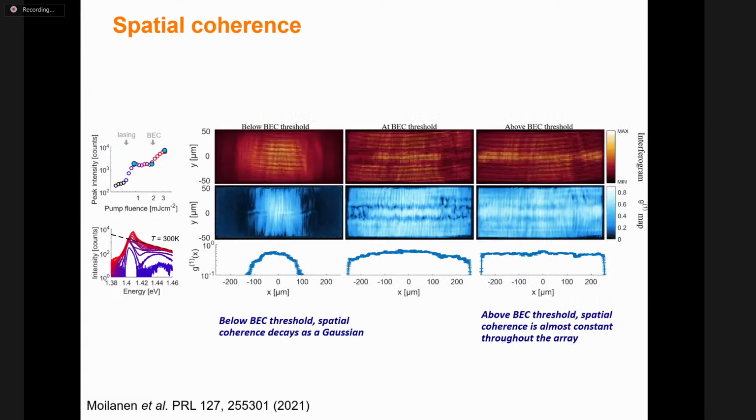Here in the middle row, these blue maps are the G1 function in the spatial domain. And we can see from the crosscuts shown in the bottom row that below the BEC threshold, the correlations decay in a Gaussian way, maybe, whereas above the BEC threshold, we basically see almost no decay over the whole array.